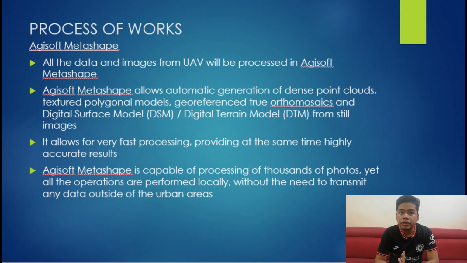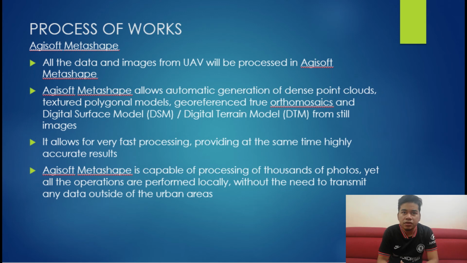Then, all the data and images from the UAV will be processed in Agisoft Metashape. Agisoft Metashape allows automatic generation of dense point clouds, textured polygonal models, georeferenced orthomosaics, and digital surface models (DSM) from still images.